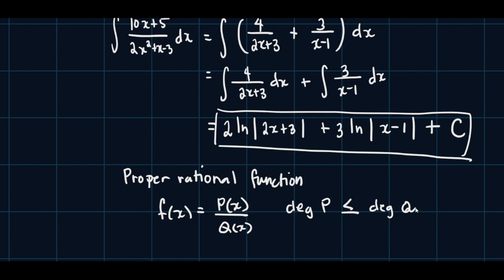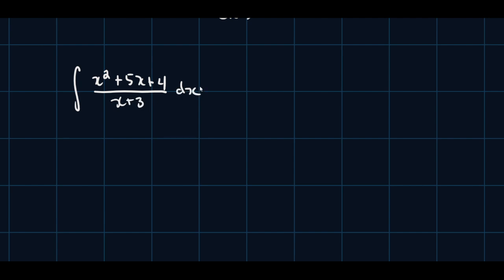If it's a proper rational function, we can go straight to getting its partial fraction decomposition. If it's not a proper rational function, say we want to get the antiderivative of (x² + 5x + 4) all over (x + 3), okay, this is known as an improper rational function.